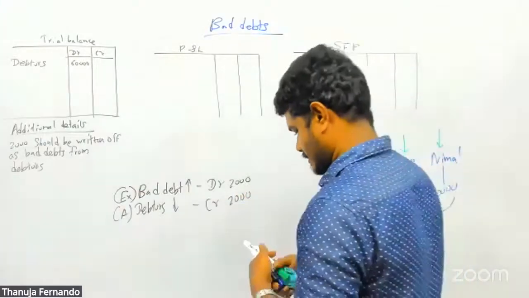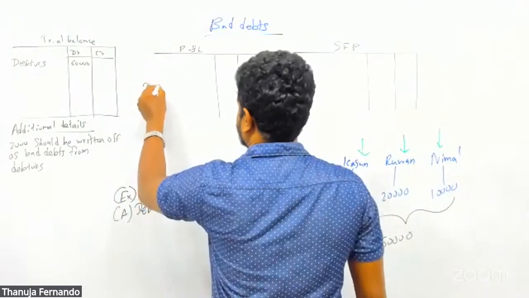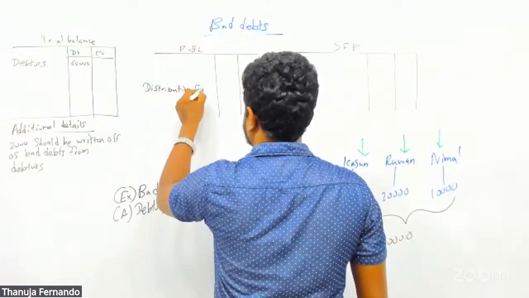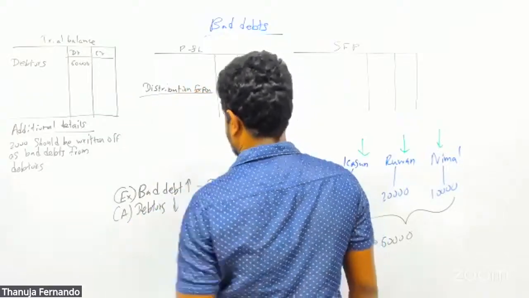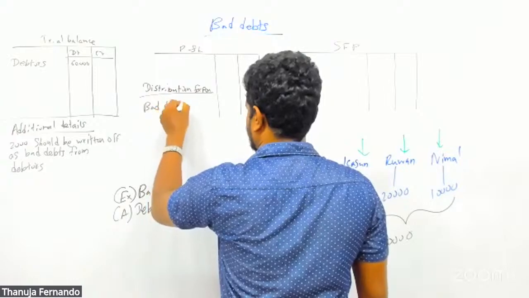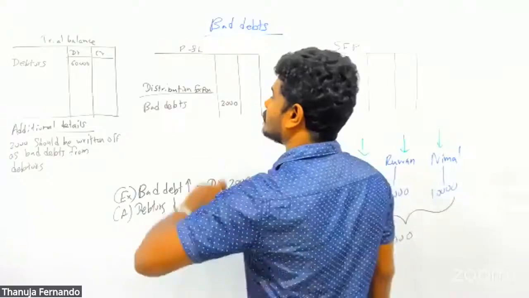Then it is a distribution expense. Under distribution expenses, bad debts, 2,000. Then we have to deduct it from debtors, right?